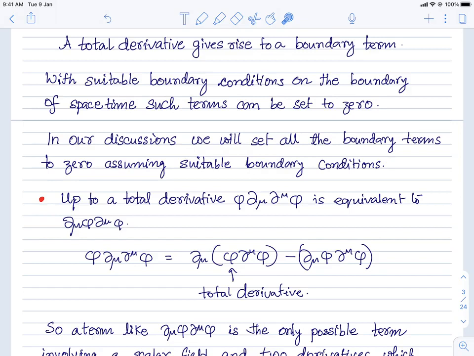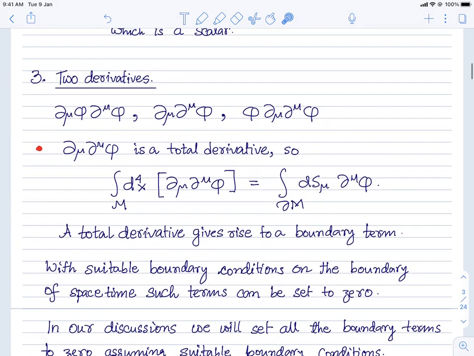So this is the thing that we have already considered, and so this is equivalent to this. And again, you might say that I should also perhaps write down a term like this in the list.